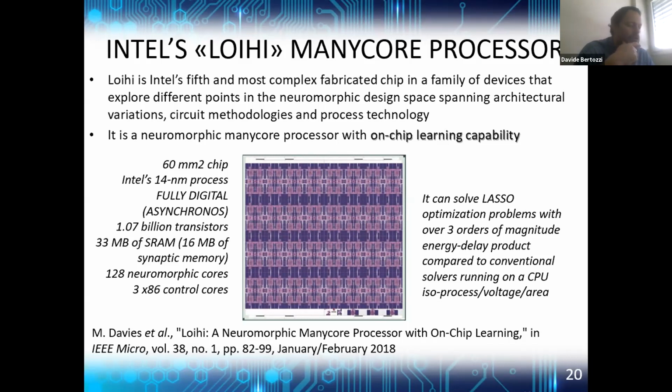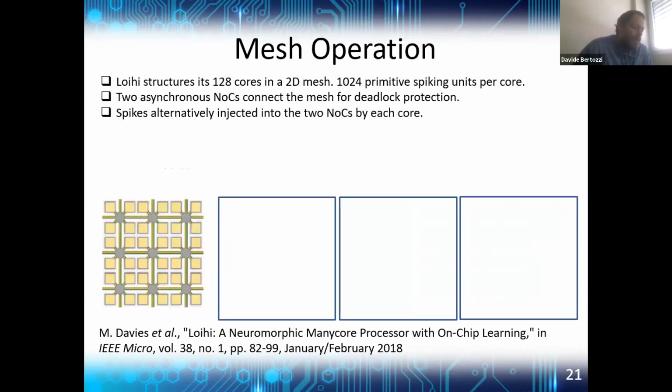Recently, a programming toolchain has been introduced to allow running more variable spiky neural network inference and training applications on top of this architecture. Loihi's 128 neurocores are structured in a 2D mesh grid.